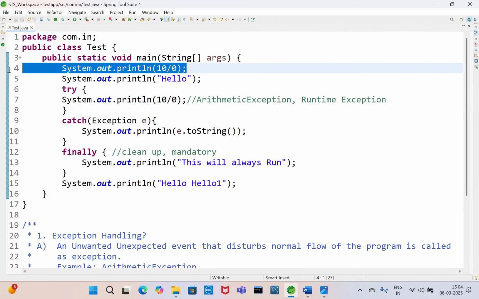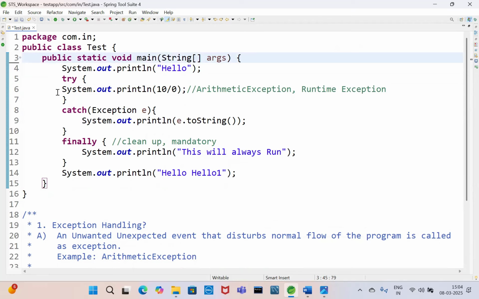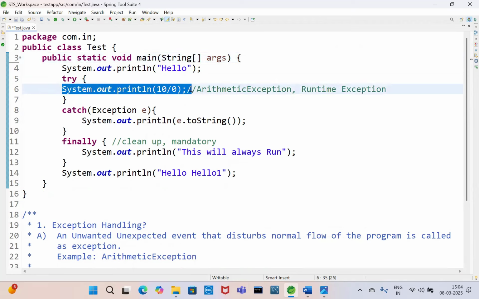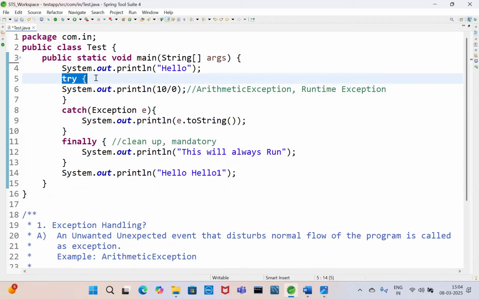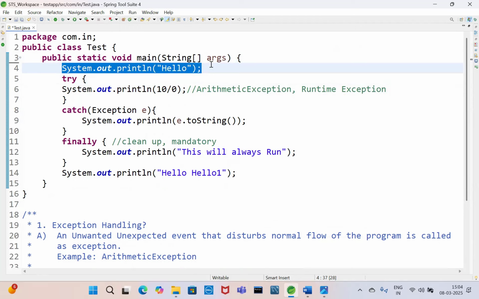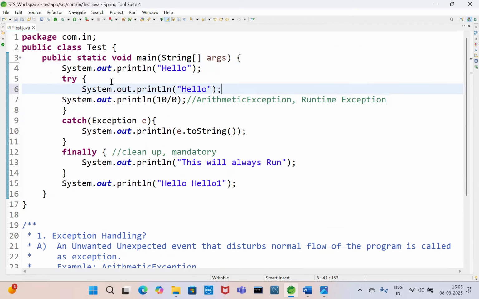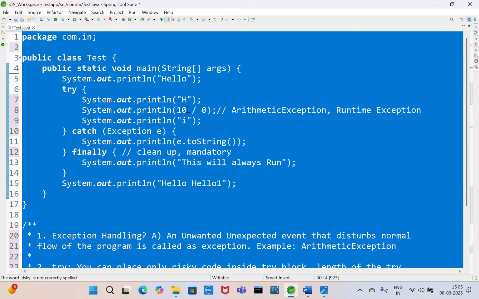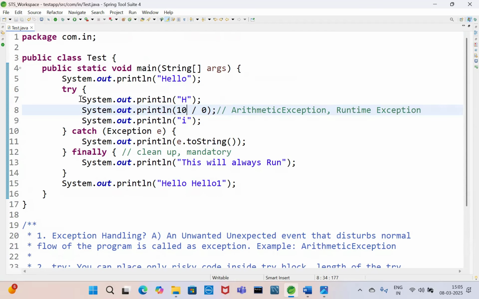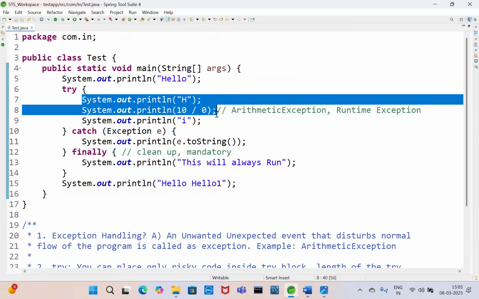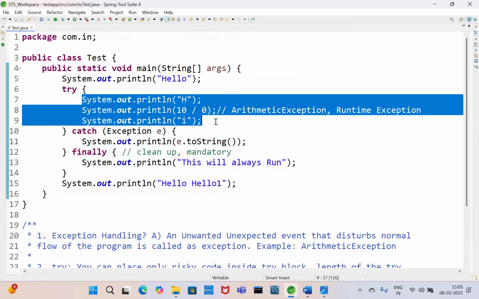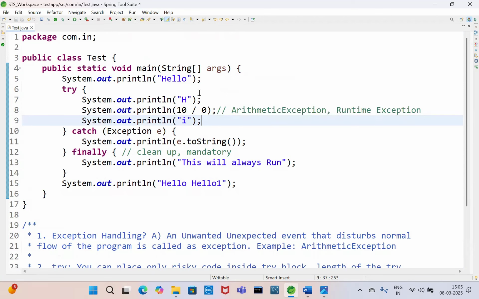Okay, fine. This is the try block, right? In the try block, suppose let's add one line, H, and another line, I. So this line H is successfully executed. After that, some exception will be raised, so line I will not be executed. Let's see.